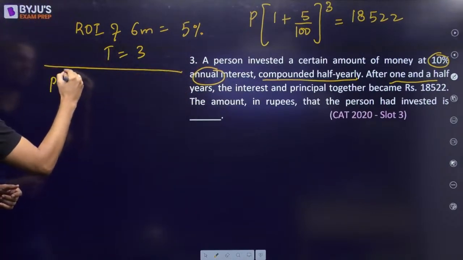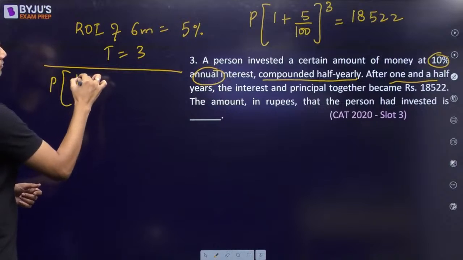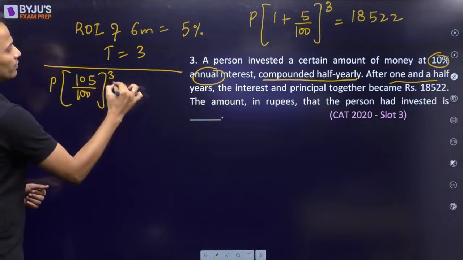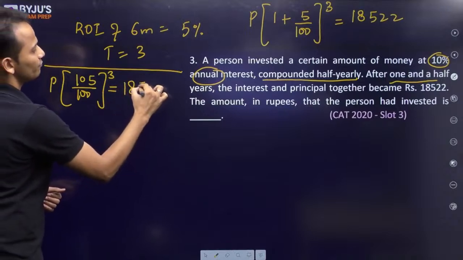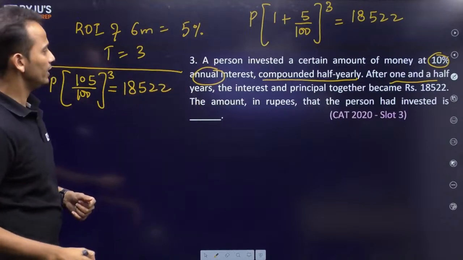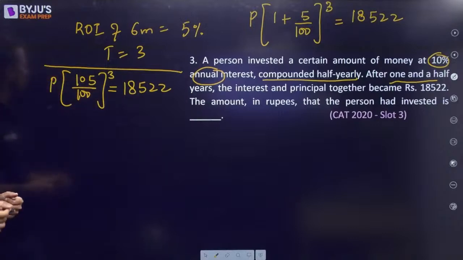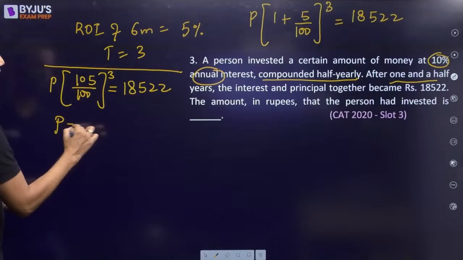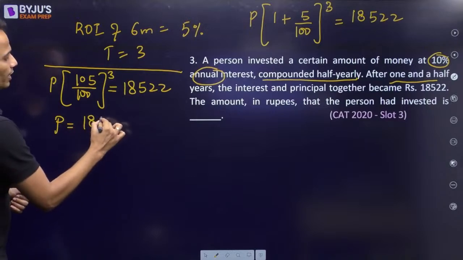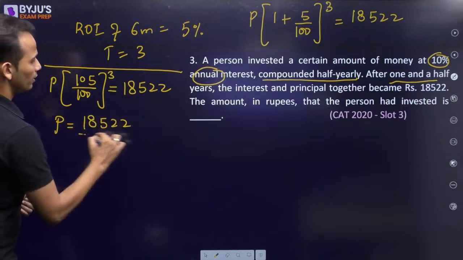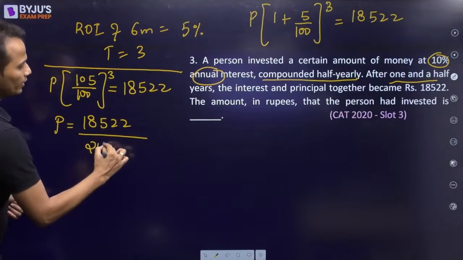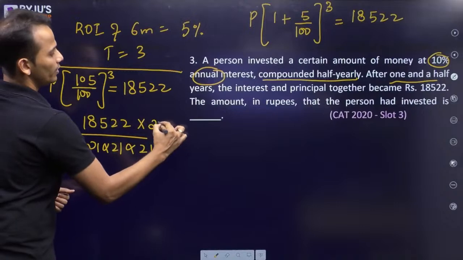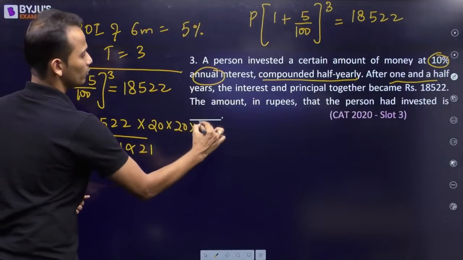So principal bracket 105 upon 100 raised to the power 3 is equal to 18522. Right? Now 105 upon 100 is 21 upon 20. So principal will be equal to 18522 divided by 21 into 21 into 21 and 20 into 20 into 20.